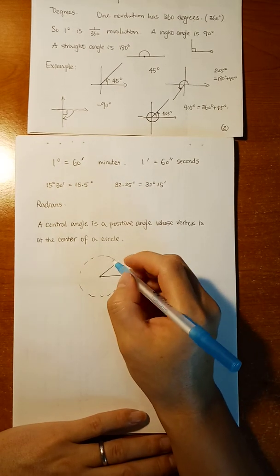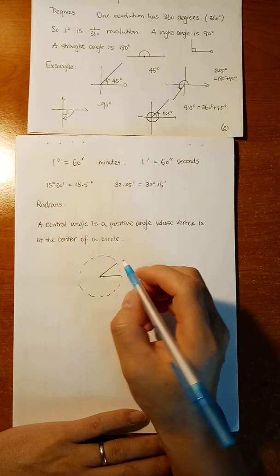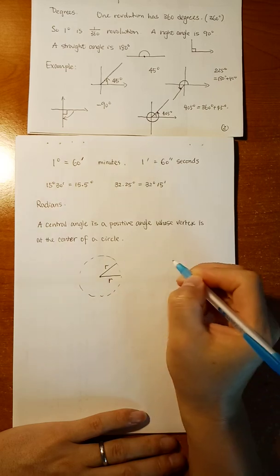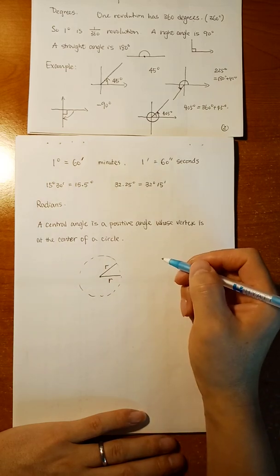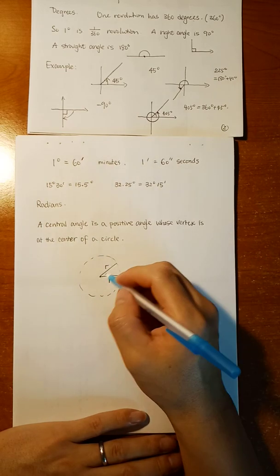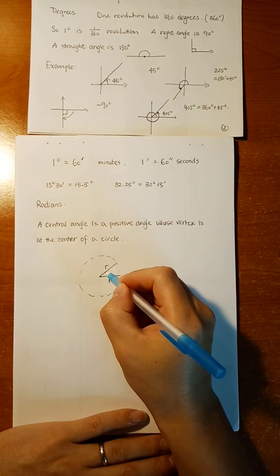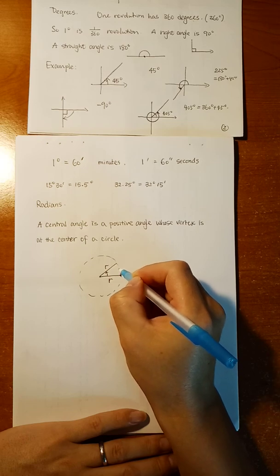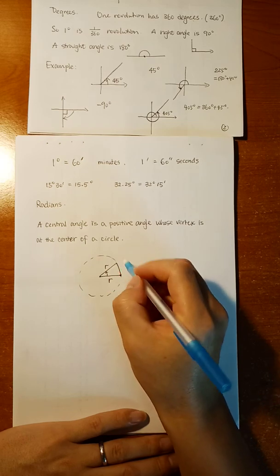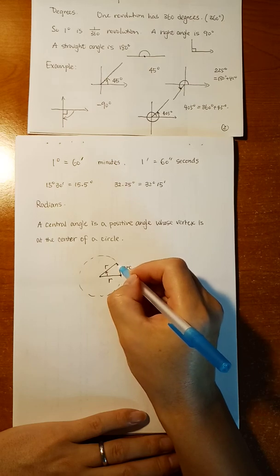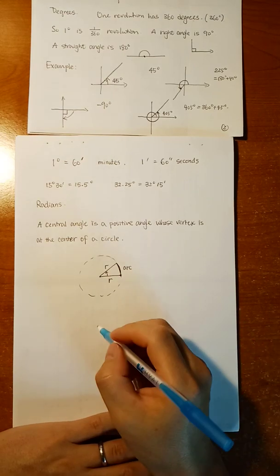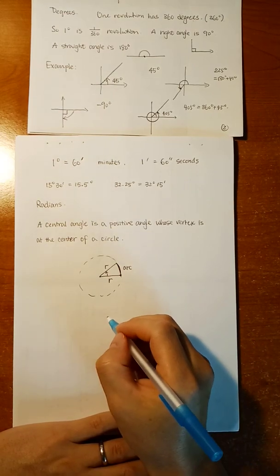When you have this center, then you have the radius. When you swing the initial side to the terminal side, you see this point will give us an arc, a piece of arc. And we say the following thing.